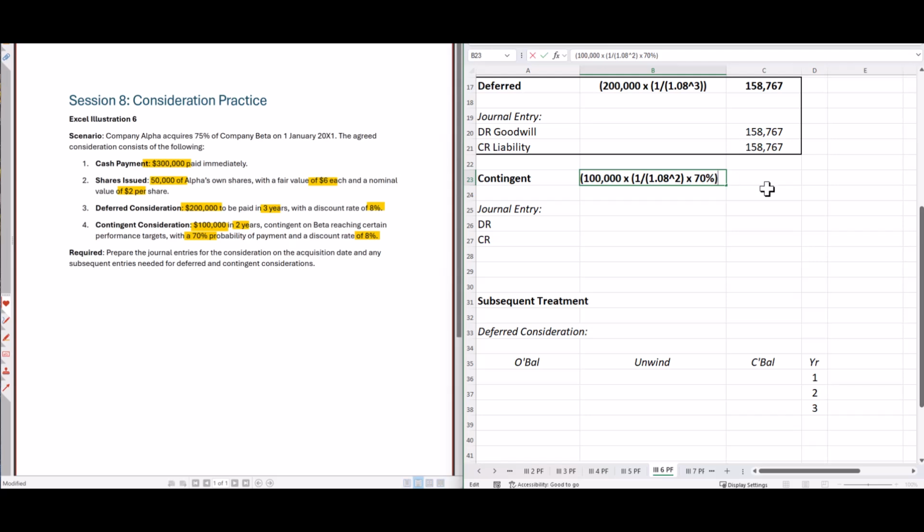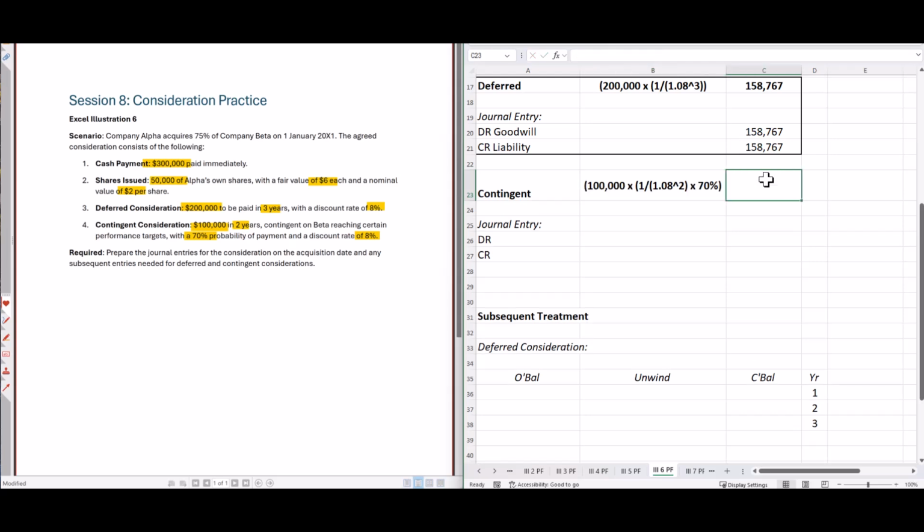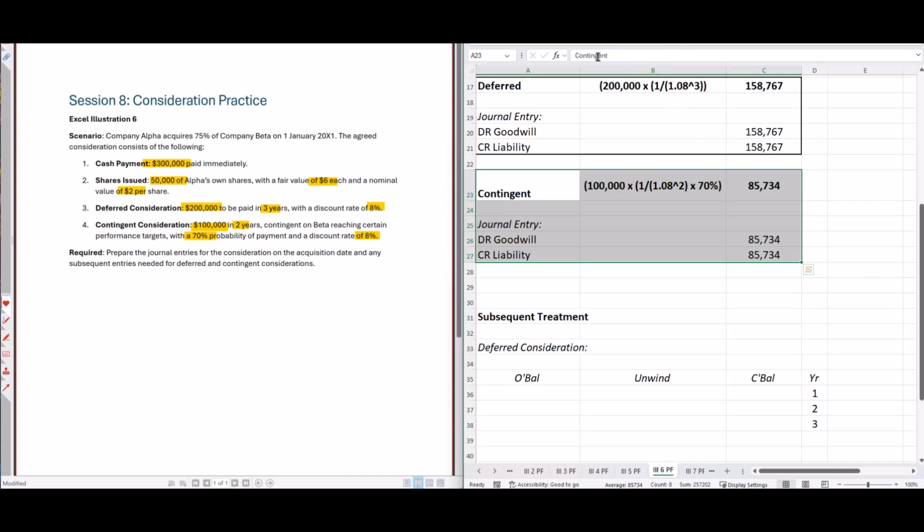So when you do all of that, you should get something around 85,734. Same as this one in terms of the journal entries. So we're still doing goodwill and the liability for the full amount of the 85. So that is the treatment initially for our contingent consideration.